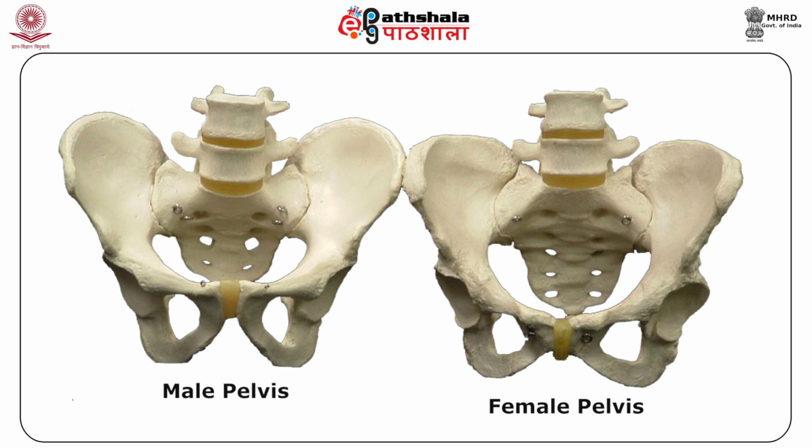The pubic bone in males is triangular in shape, whereas in females it is almost roundish or squarish. The pubic angle, which is placed below the pubis symphysis, is V-shaped, whereas in females the pubic angle is U-shaped.